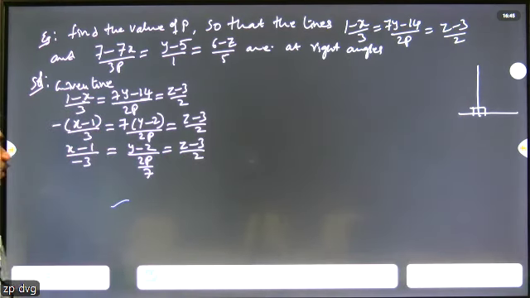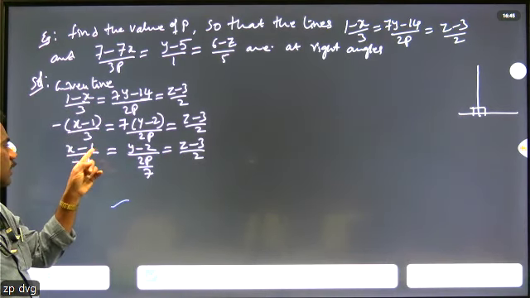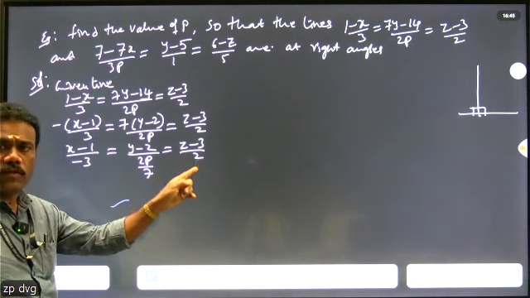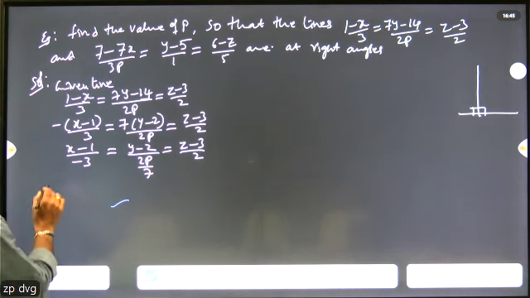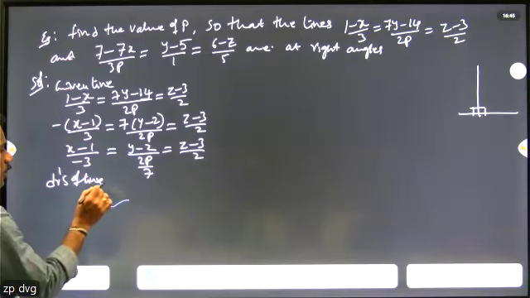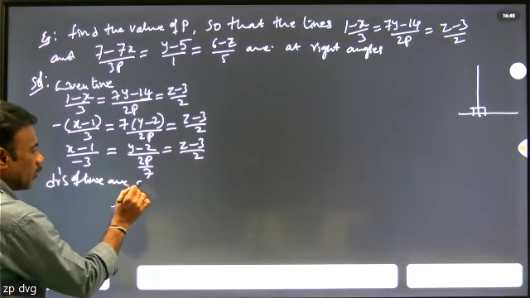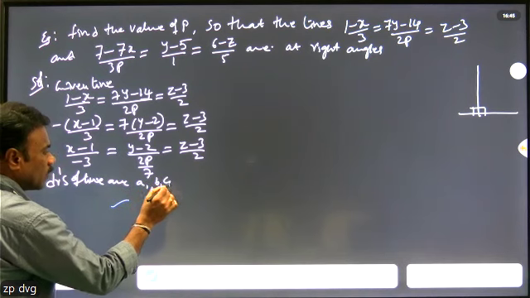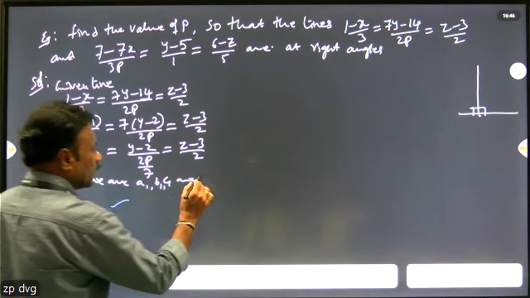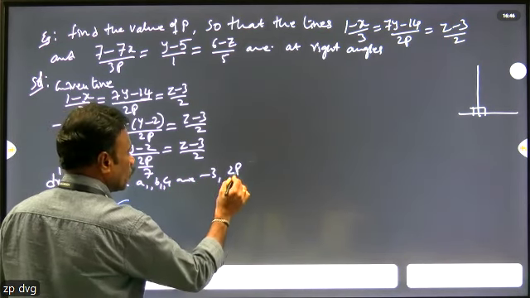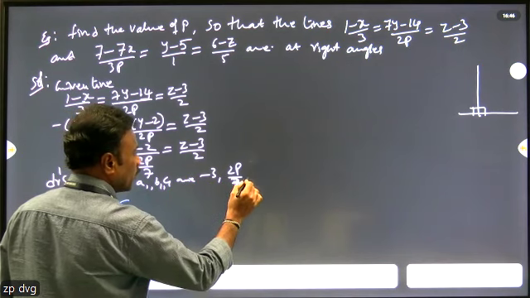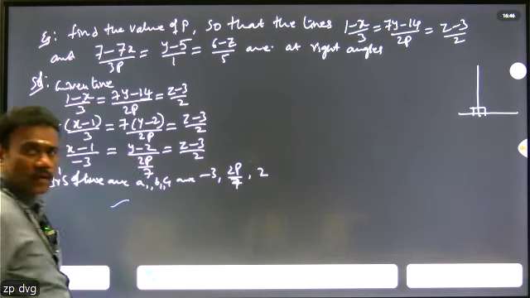Now observe, it is in the form of x minus x1 by a is equal to y minus y1 by b is equal to z minus z1 by c. So direction ratios of the line, I am taking these as a1, b1, c1, are minus 3, 2p by 7, 2.